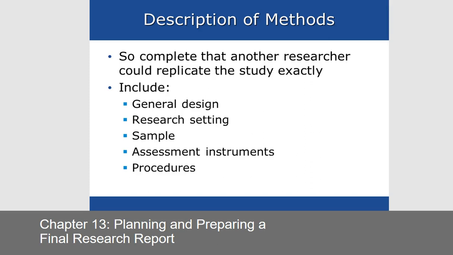It has main parts. One is the description of participants. Another is the description of materials, and this is where you talk about your measures. And then finally, your procedure in enough detail that it could be replicated, including operational definitions of your variables.